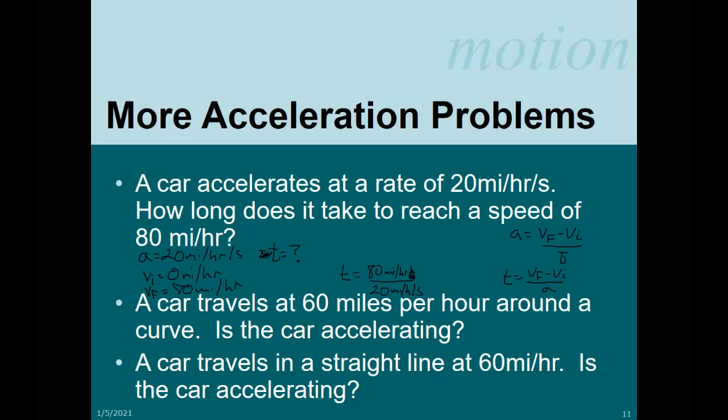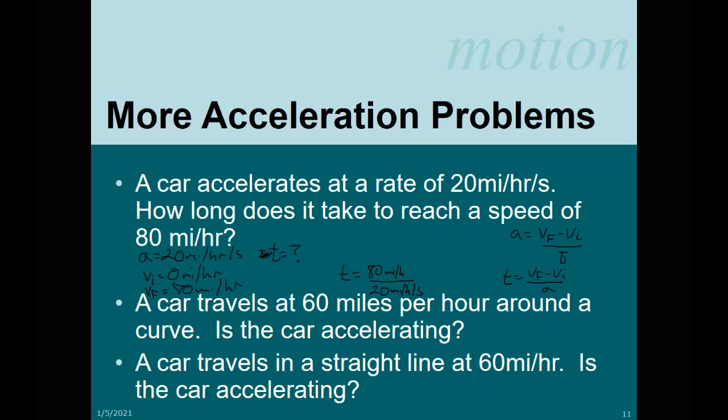And this one actually shouldn't have the second part on it. Maybe I should just erase that, so it's not confusing. There we go. Okay, so then we simply solve this, and 80 divided by 20 should be pretty obvious.